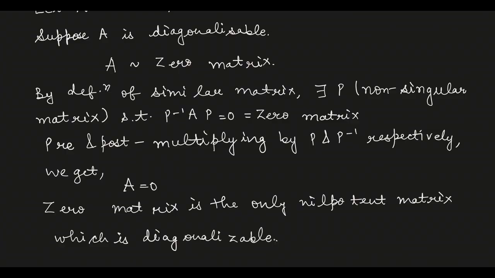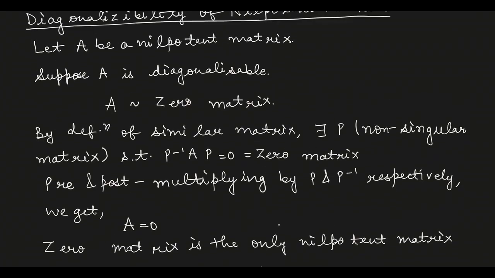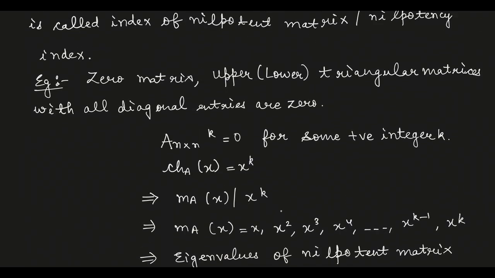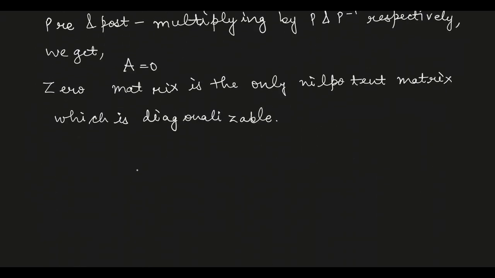Is this clear? Yes, ma'am. And here I was telling upper triangular matrix with all diagonal entries 0. For example, 0 1 0 0, 0 0 1 0. So if I want to check what will be their nilpotency index, I will multiply this again.